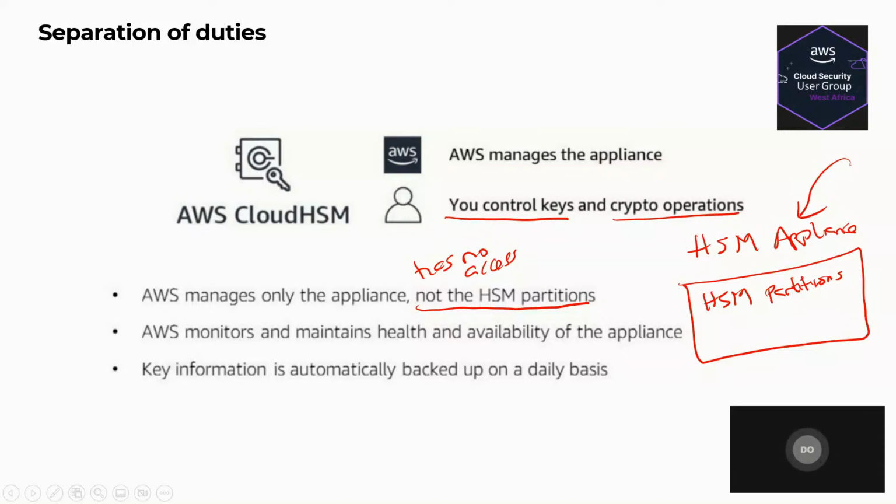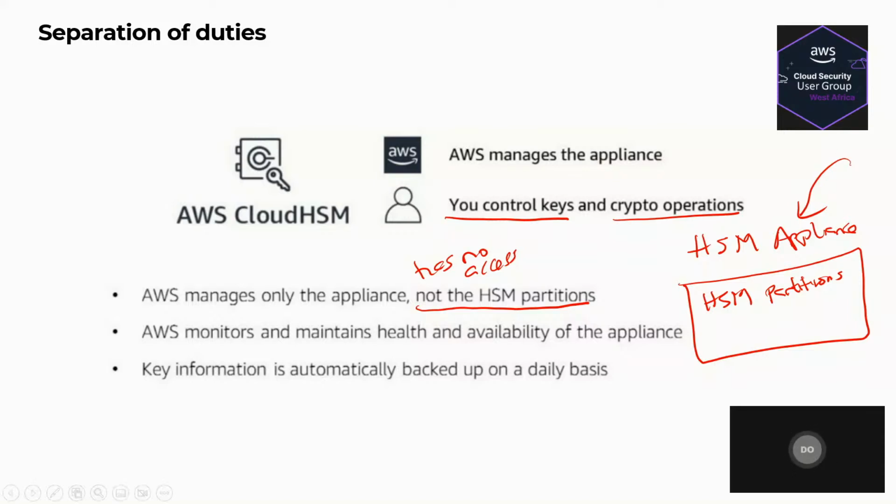David, does that mean AWS cannot do any damage, because now they don't have access to the partitions? There's no damage that can be done? Of course, they can do damage. Damage can still be done. A good example of that is the HSM appliance that AWS manages.